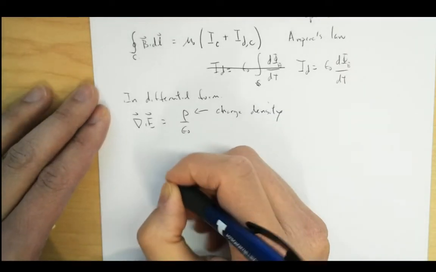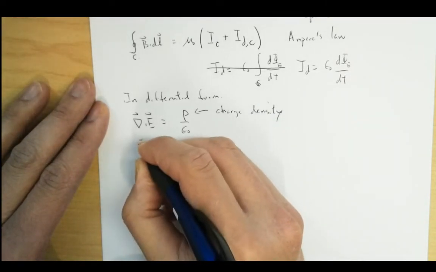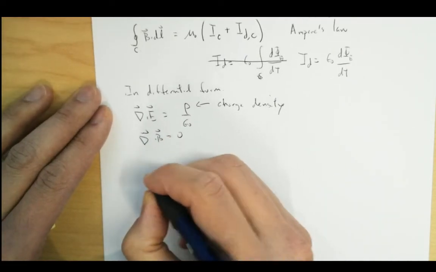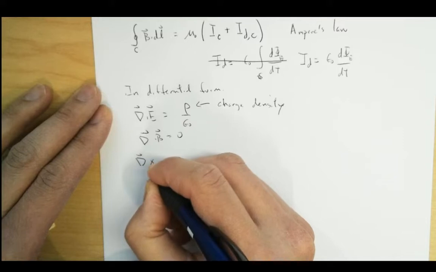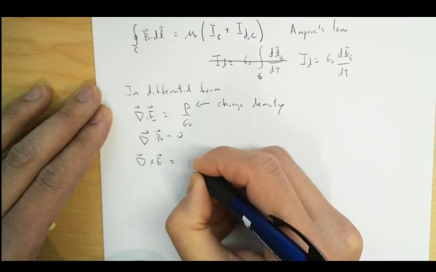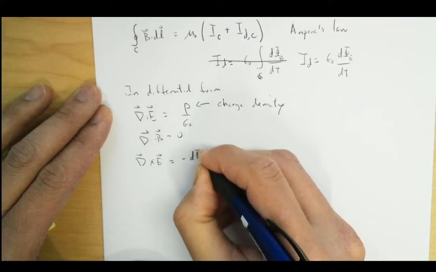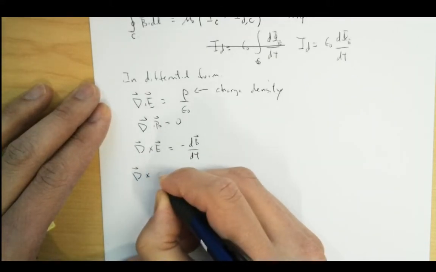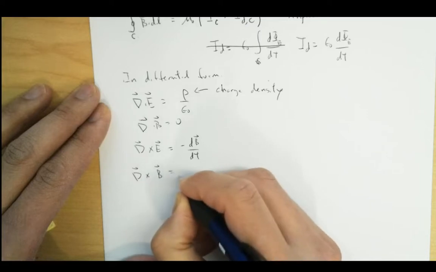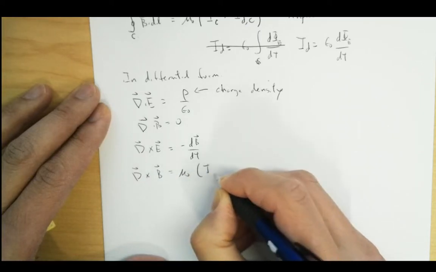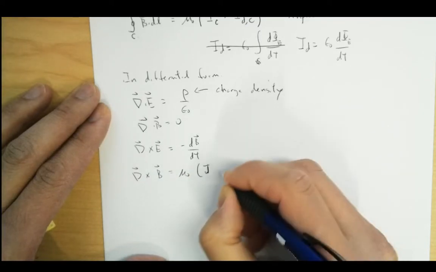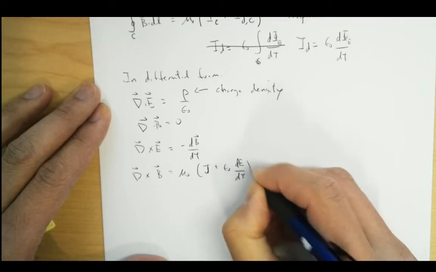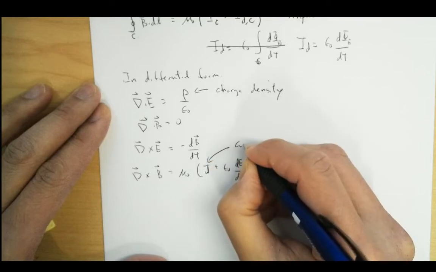Then del dot B is equal to 0. Then del cross E is equal to minus dB dt. And then del cross B is equal to mu 0 J, that's a J, plus epsilon 0 dE dt, where J is the current density.